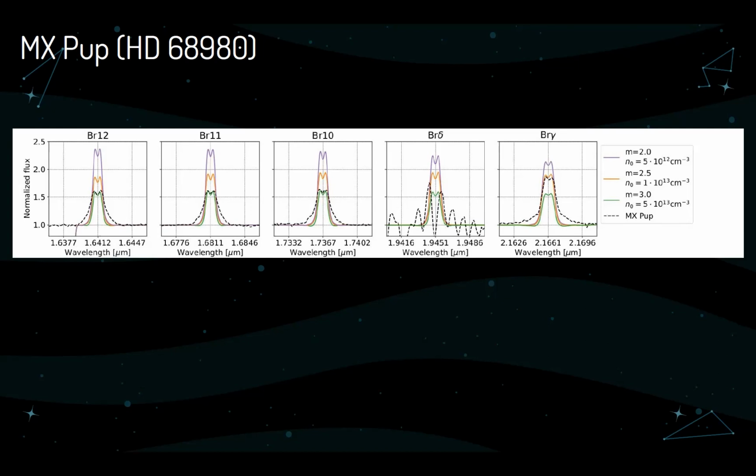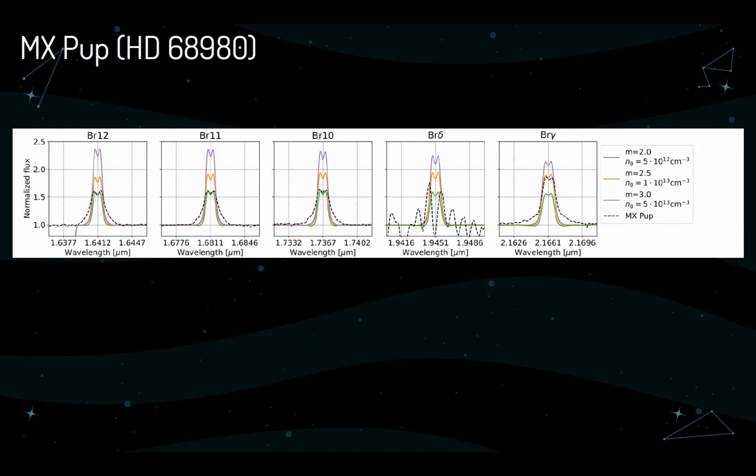Yes, it is possible that we may need different parameters in different parts of the disk, because Brackett gamma is in a region closer to the star than H alpha, but outside the region of the last lines of this series. So it is probably not formed in exactly the same region as Brackett 10 to 12.